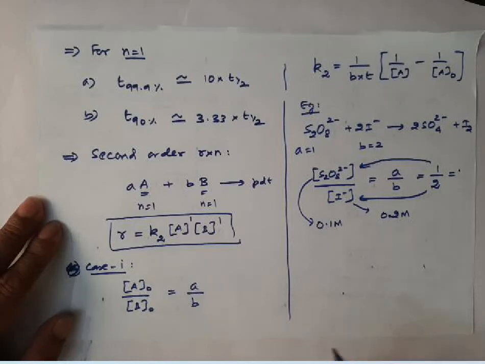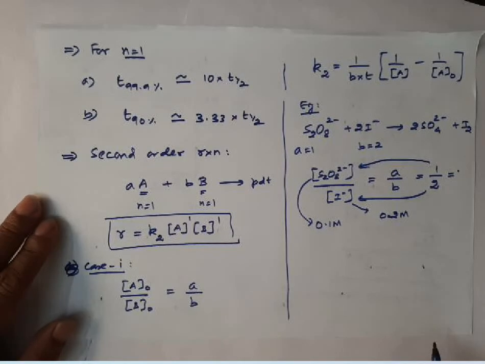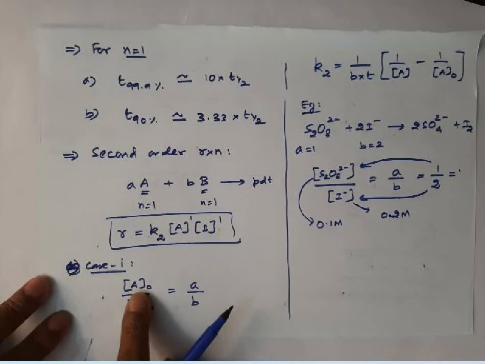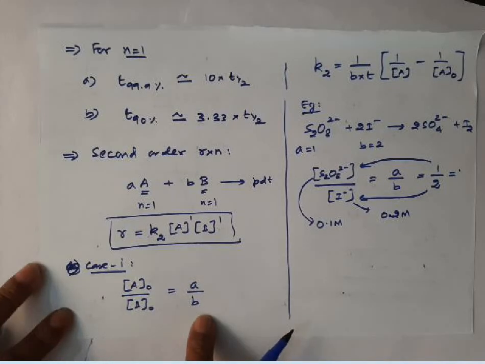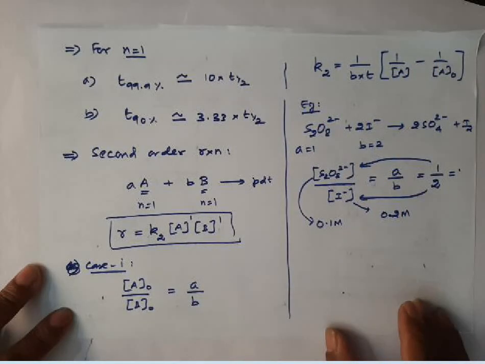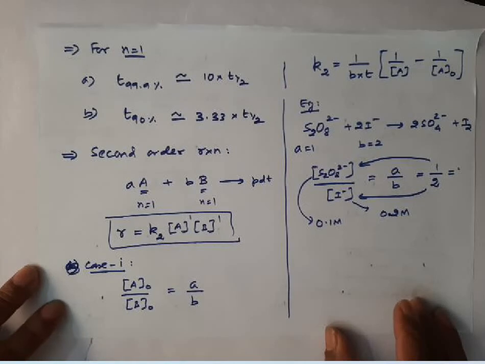Okay, so this is the method we follow in this type of expression, right? So if the initial concentration of A and the initial concentration of B, if this ratio is equal to a by b, then you can use this expression to find the rate constant of the second order reaction, right?